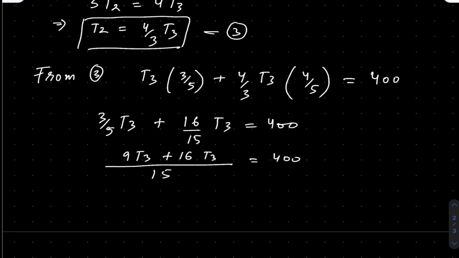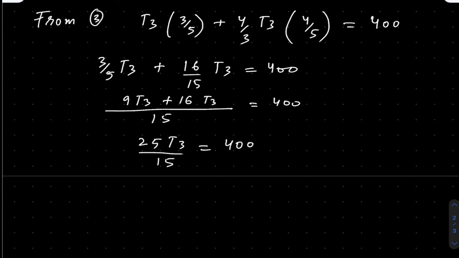I hope you know how to solve this. So 16 plus 9 is 25 T3 divided by 15 equals 400. So from here we can calculate the value of T3. T3 is equal to 400 multiplied by 15 divided by 25.